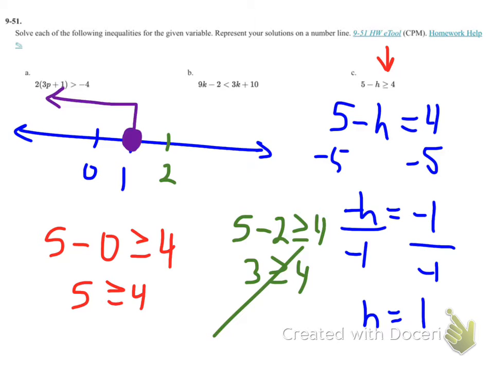That does not work out. I do not shade that direction. So my solution, h, I'm going less than, and I'm including my boundary point of 1. So h is less than or equal to 1.